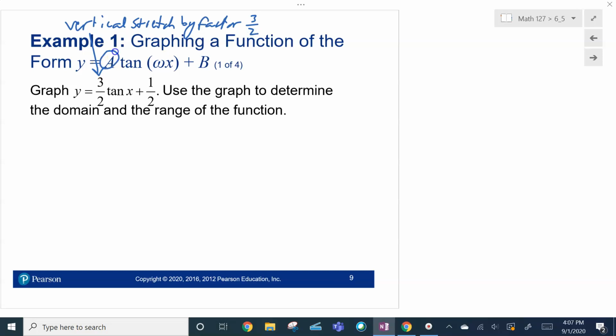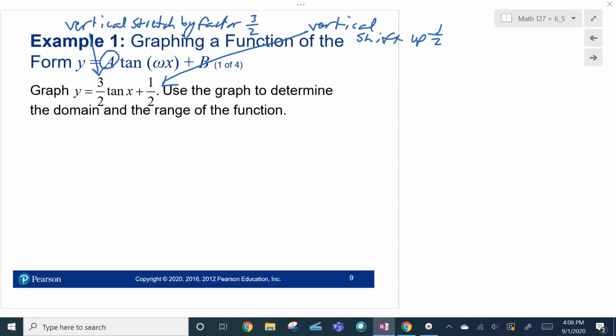That's what that a is going to do. If that thing's bigger than 1, we're going to have that vertical stretch there. The b position, so this 1/2, that's going to be a vertical shift up half a unit. Okay. Let's go ahead and start graphing this thing by hand.